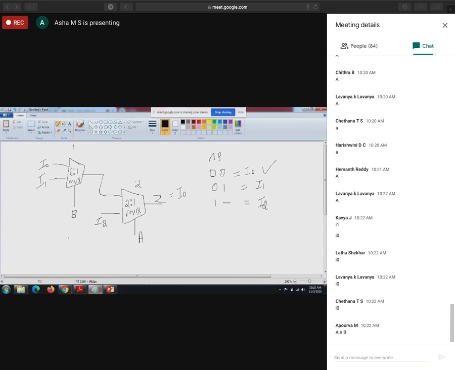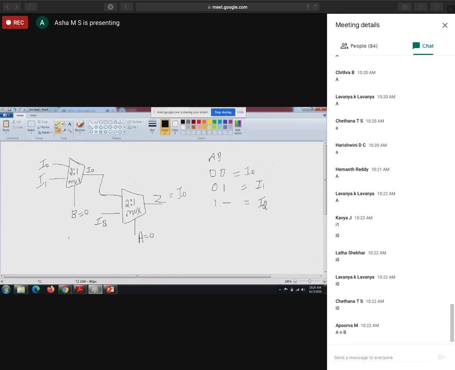A equal to 0, B equal to 0. First condition, correct, right? See, when B equal to 0, I naught will be selected. So at Z naught, I will be having I naught.